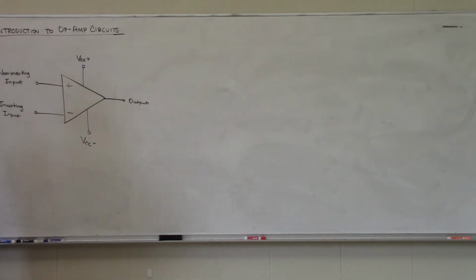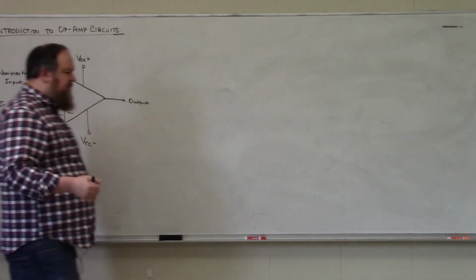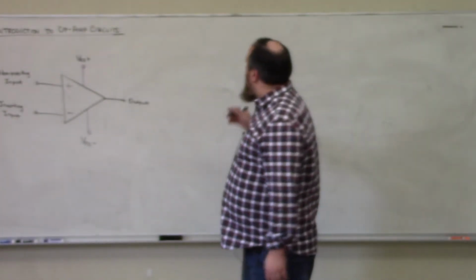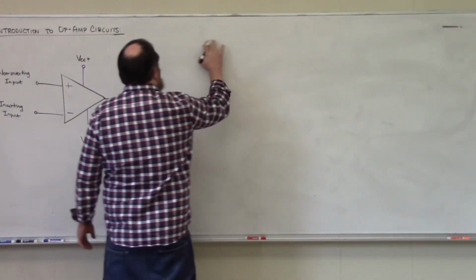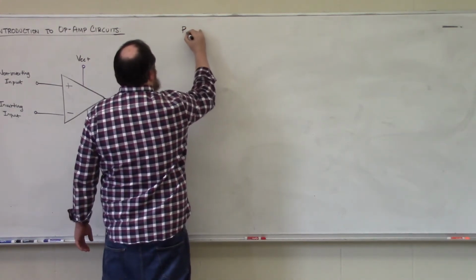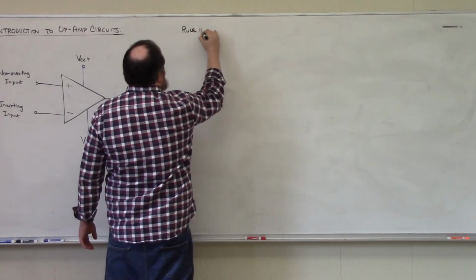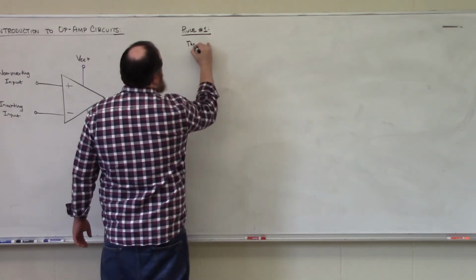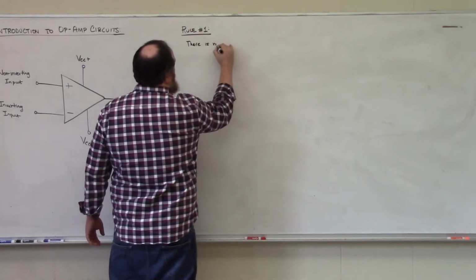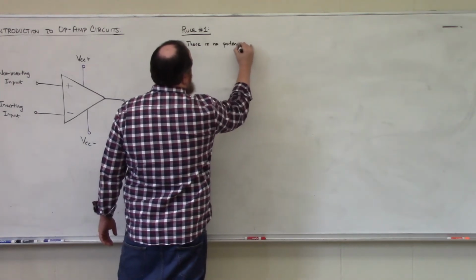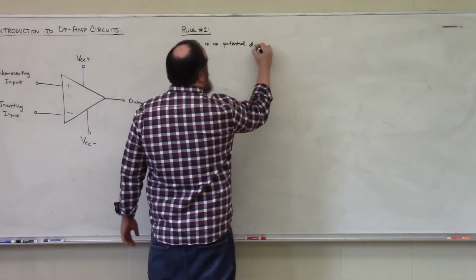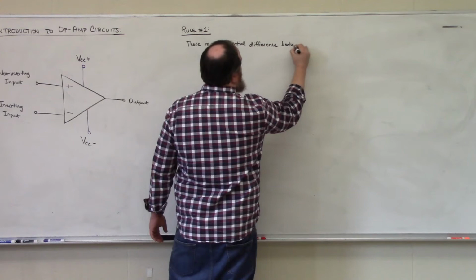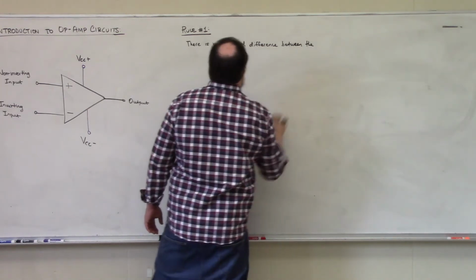All right, so there are two very specific rules on how an op amp behaves, specifically an ideal op amp. Rule number 1 is that there is no potential difference between the input terminals.